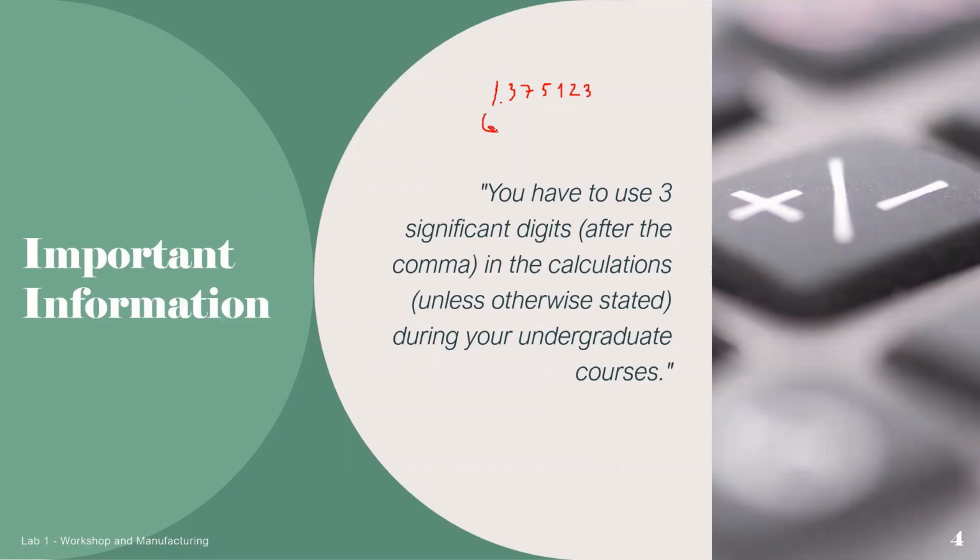Your answers should be in 3 significant digits, right? So you have to write something like this. Even though this is your value in your calculator, you have to write this answer in your sheet.